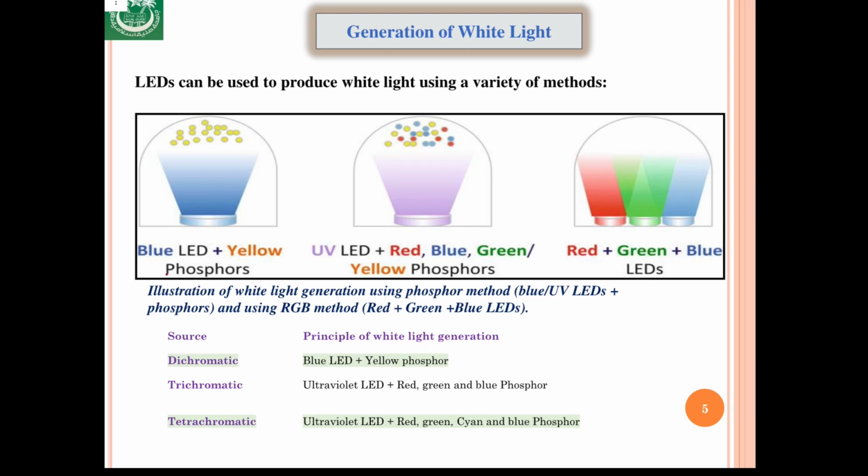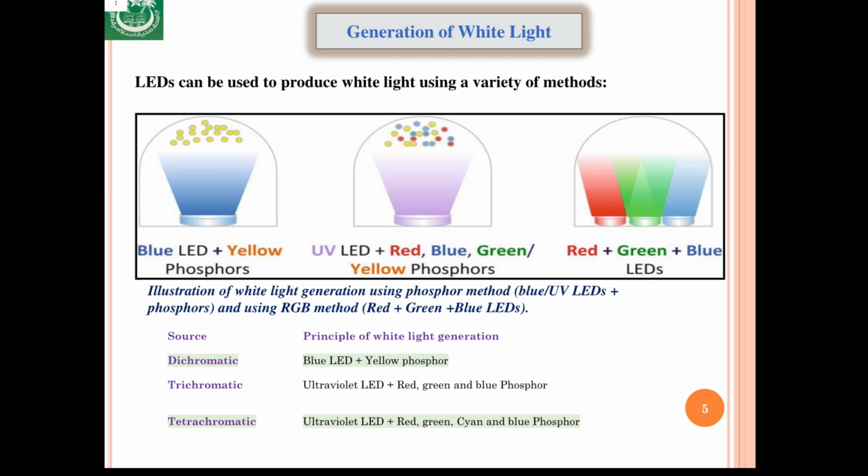Therefore, the usual technique of generating white light is to combine blue light or near ultraviolet light from a blue chip LED, and coat it with some phosphor or luminescent material like yellow phosphor, so that the resultant output is white light.